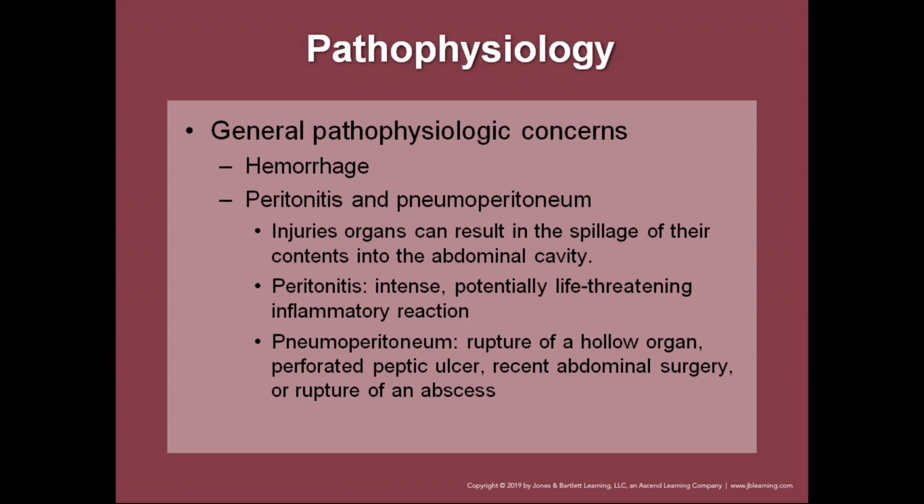Pain is localized if the extent of the contamination is confined. Pain becomes generalized to the entire peritoneal cavity when it's involved. Peritonitis is very painful, very intense. It's potentially life-threatening, and it's an inflammatory reaction to all that stuff leaking out.